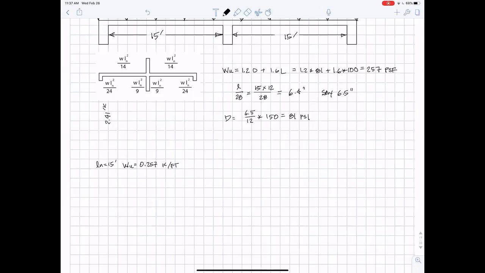Over 14 comes out to 4.13 foot kips, and over 9 comes out to 6.43 foot kips.